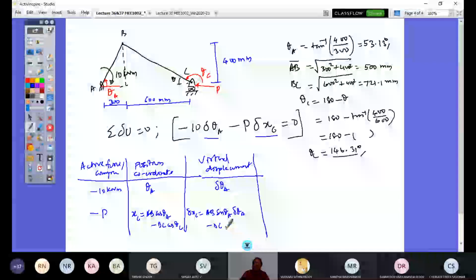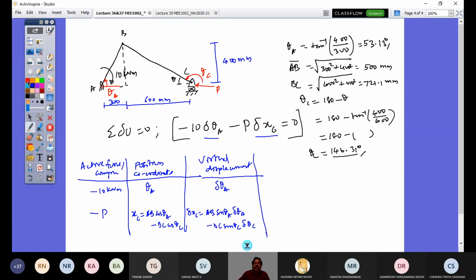So here you see I have delta theta A and delta theta C. This relationship is what I have to find out, right? So that I would have in this expression only one. So here I have delta theta A in the first term, and the second term also I wanted this. So I will get how much delta theta C is of delta theta A, and I replace delta theta C by that.